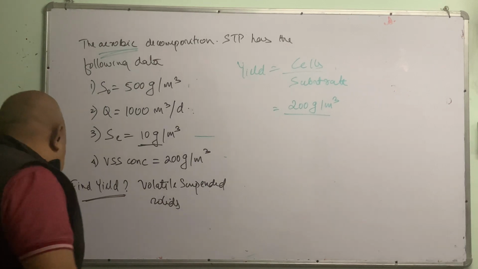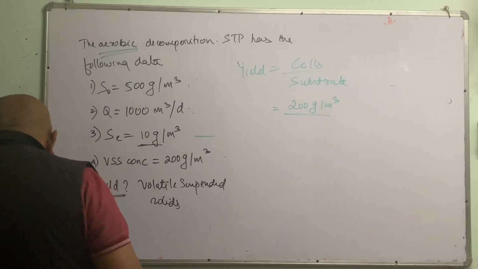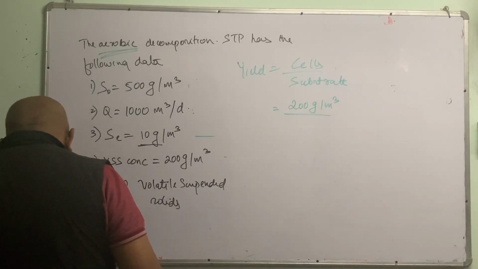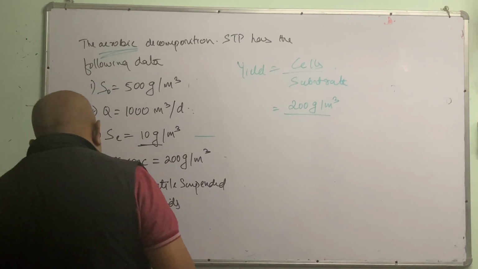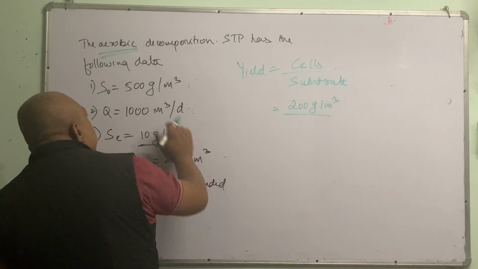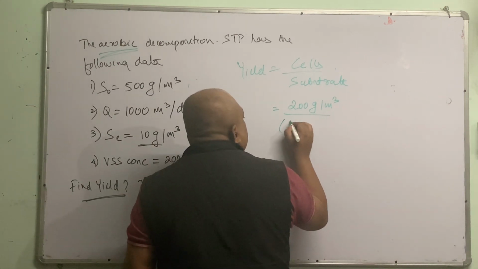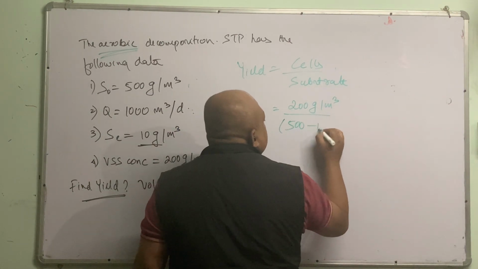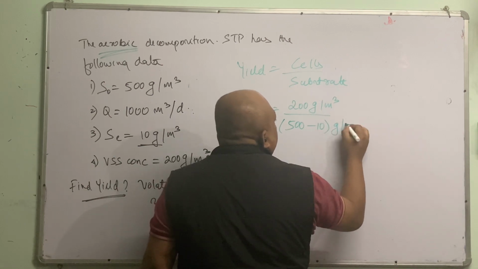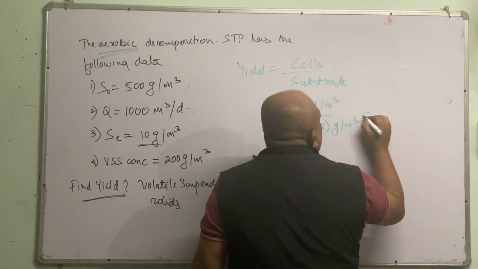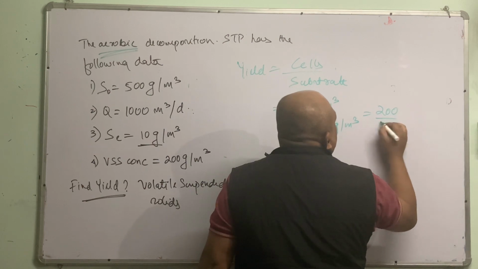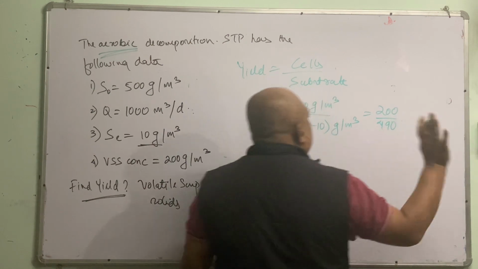Can you say how much substrate is consumed? The substrate consumed is, so this 500 is coming, this 10 is escaped out. So can I say this is 500 minus 10 gram per meter cube. So this is 200 divided by 490.